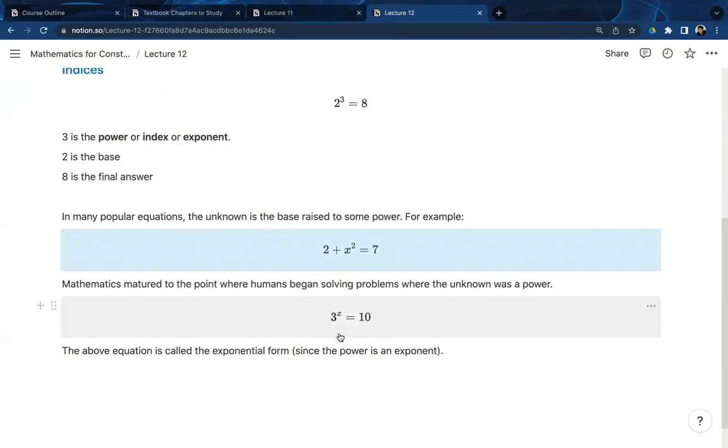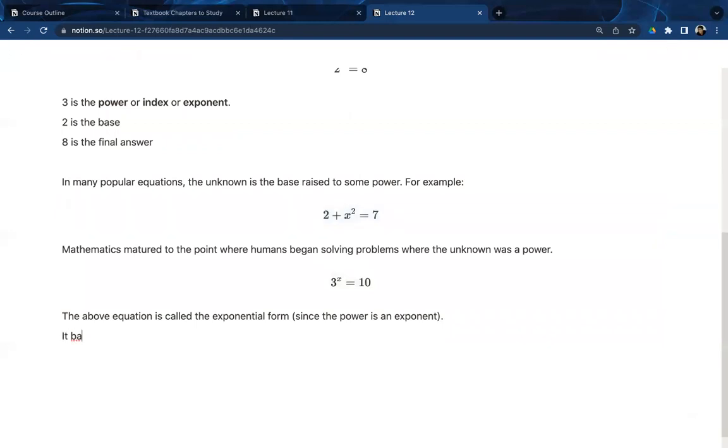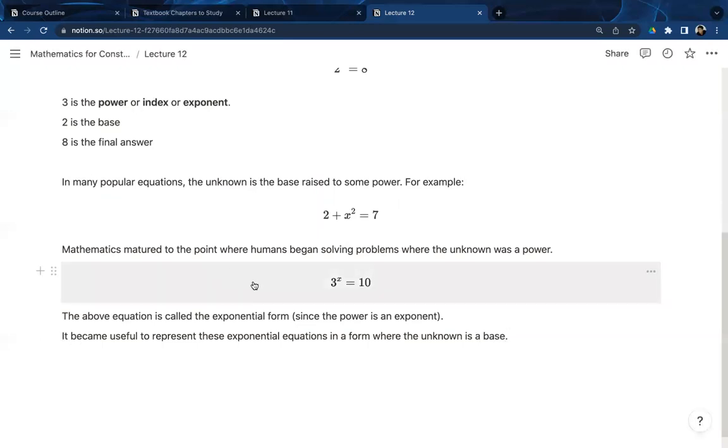3 to some power is 10. There are no surds or roots or anything happening here. There's something different. So then it became useful to represent these exponential equations in a form where the unknown is a base, not a power.